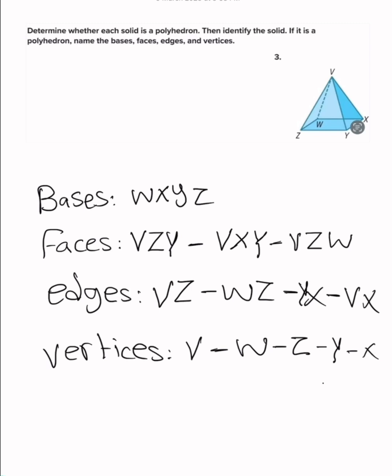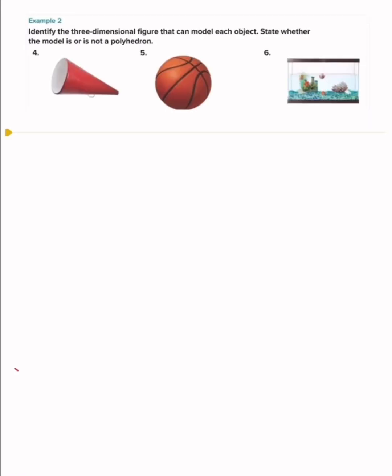So anytime we have a polyhedron, we have to write the bases and the faces and the edges and the vertex that are in the diagram. Same question, but with real life figures. So first, question number 4. Okay, we have this figure.